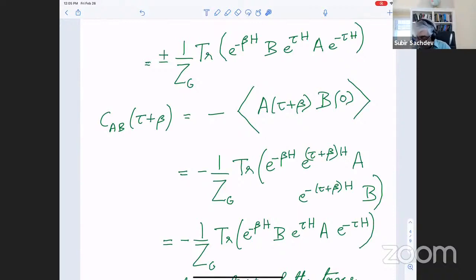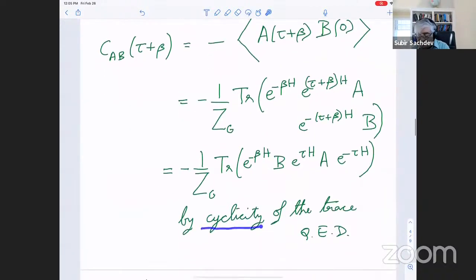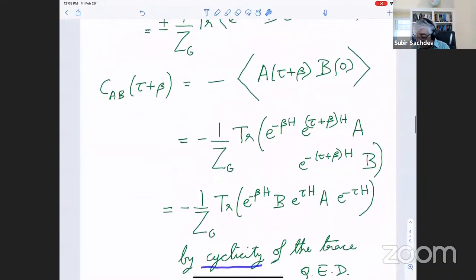So what we're going to use is the basic property of the cyclicity of the trace. That's all we need. So we can take the B from the last operator and make it the first operator. And then we can split this up into e to the minus tau h and e to the minus beta h. And let's take e to the minus beta h and also move that after moving B over here.